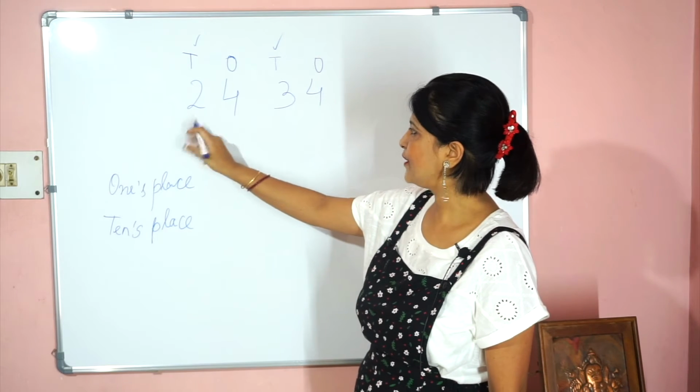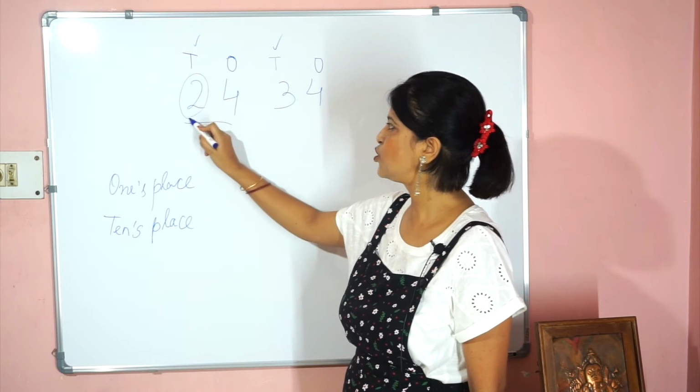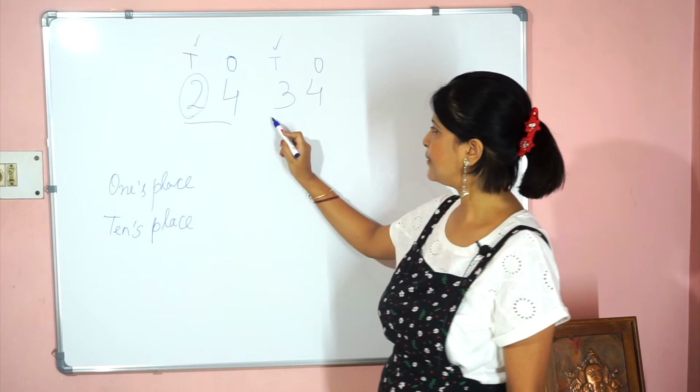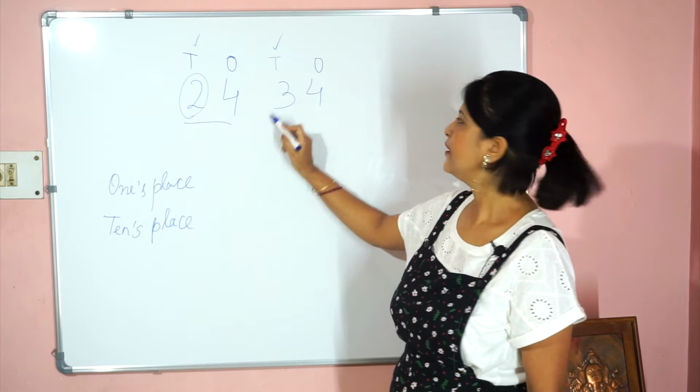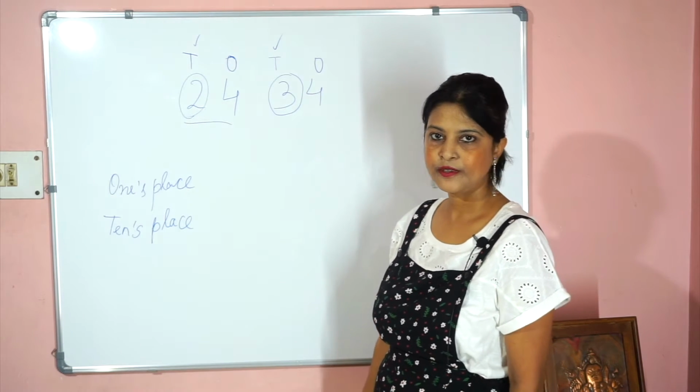Now over here for the number 24, the tens place digit is 2. For the number 34, the tens place digit is 3.